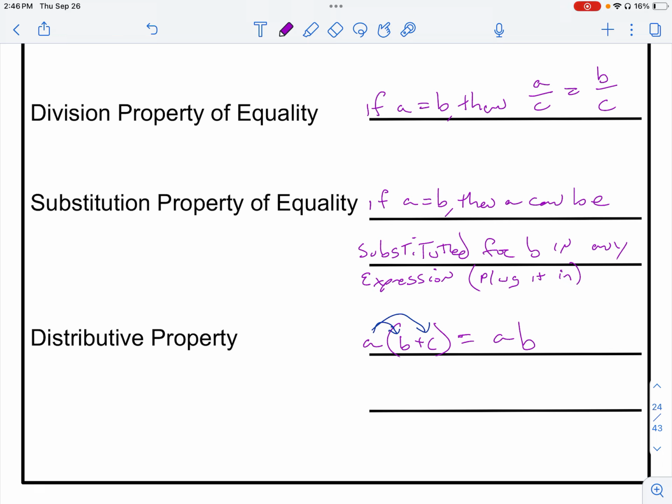So we have A times B plus A times C. And the same thing if it's actually subtraction inside the parentheses. You just end up with AB minus AC. The distribution process is still the same.